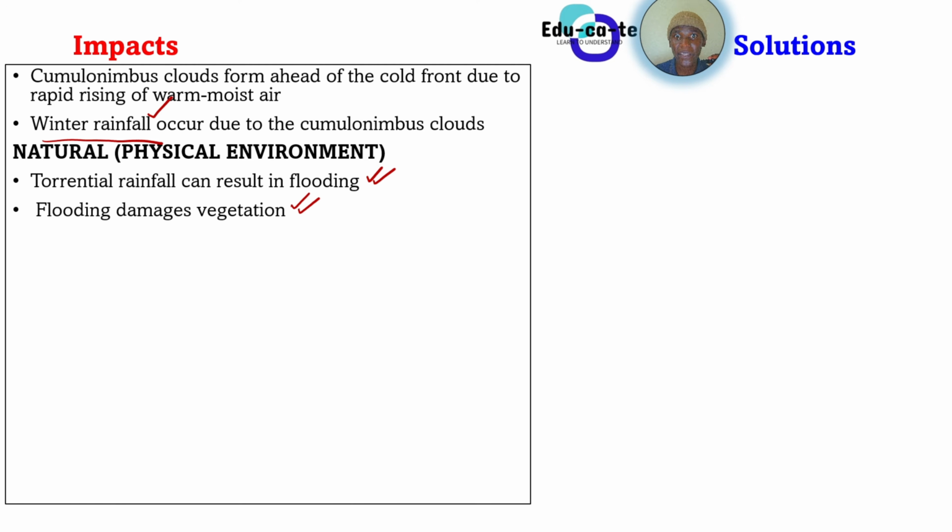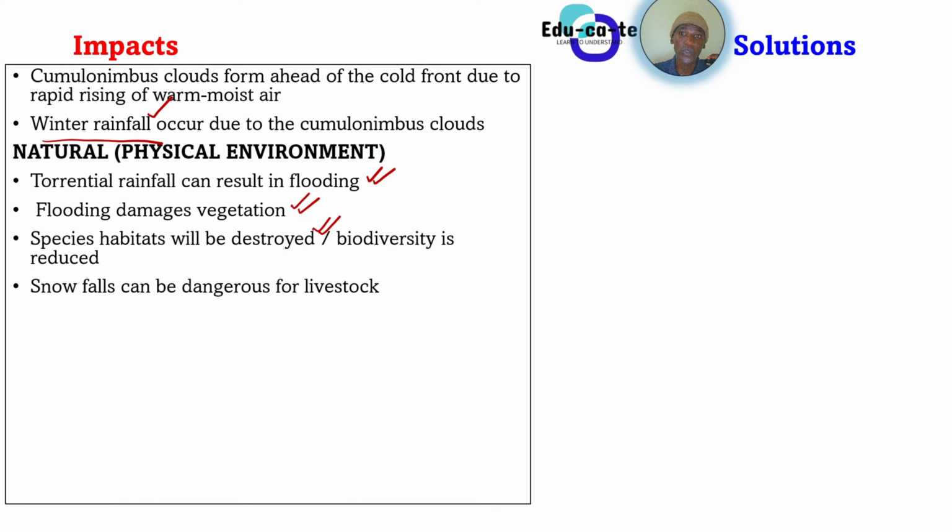It can damage the plants and everything that is coming up from the soil. Some of the species or animals stay within that vegetation, so when the vegetation is damaged, the species' habitats will be destroyed. Or you can say that biodiversity is reduced because the species are being destroyed due to these floods.